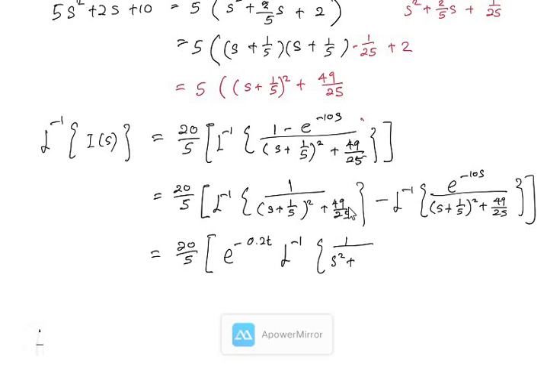So we take the square root of this one, we can get 7 over 5 squared. And then minus the inverse Laplace transform of e^(-10s) divided by (s plus 1 over 5) squared plus (7 over 5) squared.